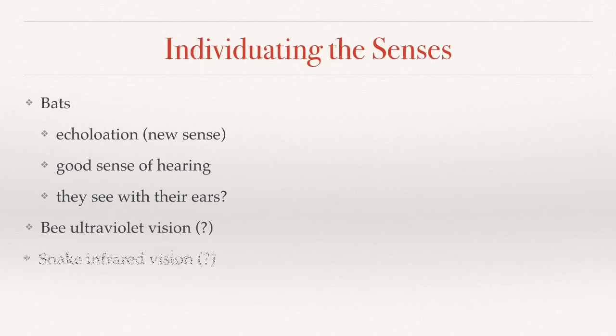Okay, so on this same theme, I want to bring up two of these other kinds of issues. Again, this is from the Fiona McPherson paper. The two interesting cases are bees and their ultraviolet sense, and snakes and their infrared sense.